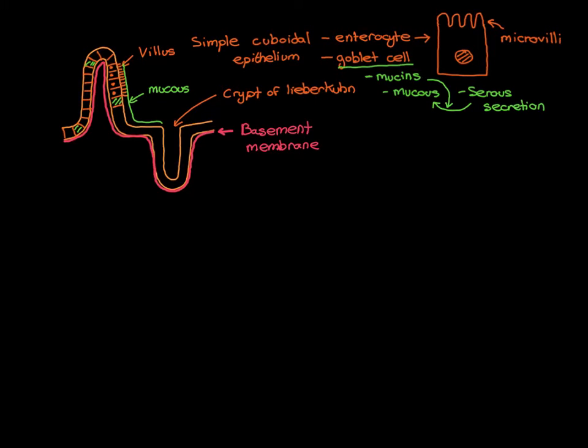They get to live for a few days and then they are shed away. This is because this epithelium is very prone to getting cells removed from it. Remember, stuff is moving through the lumen of the intestine. It's continuously rubbing against the epithelium. So this epithelium has to be continuously replaced. It's like the skin is continuously replaced.